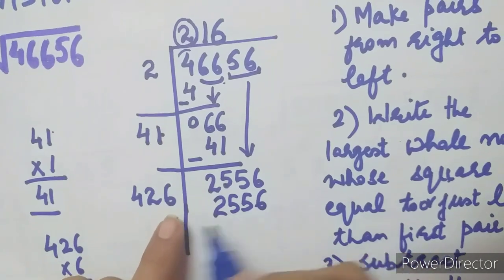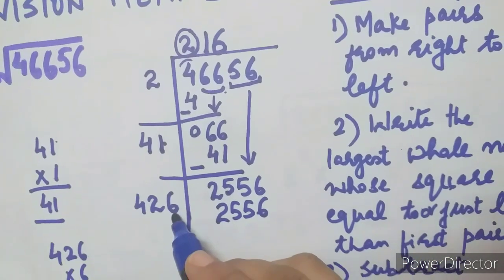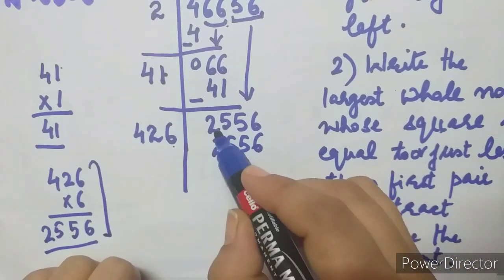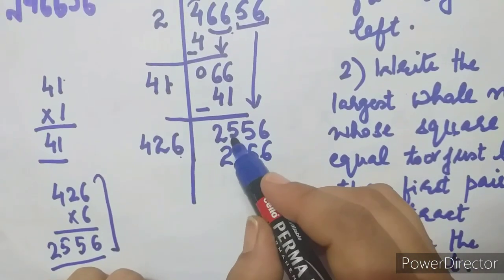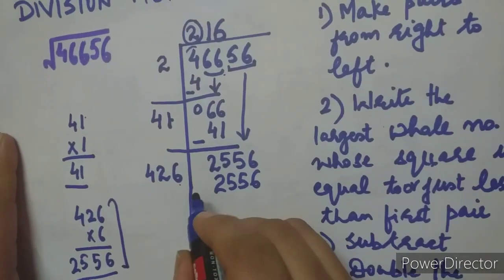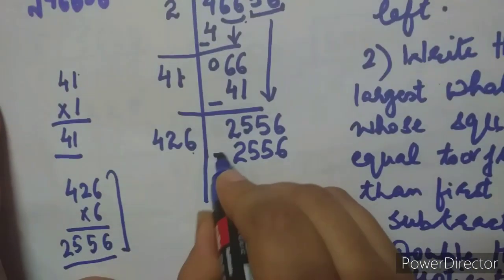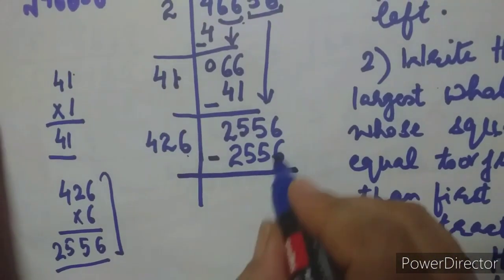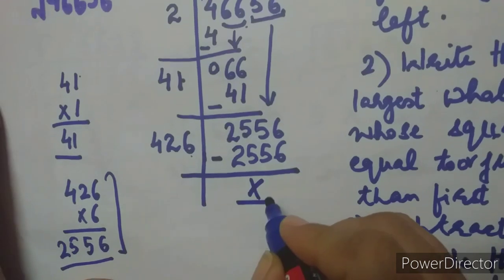You should decide this digit in such a way that after doing this multiplication, either the exact number should come or a number a little less than this should come. And next, like the previous one, after multiplying we are going to do the subtraction. So exactly we get the remainder as 0.